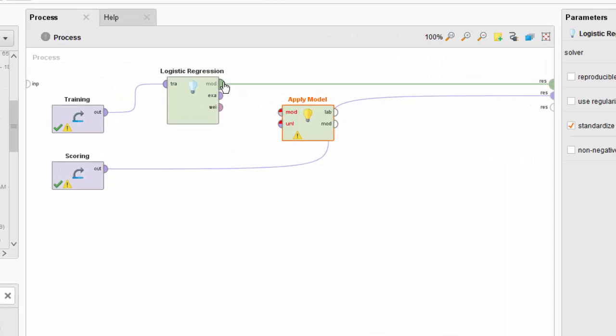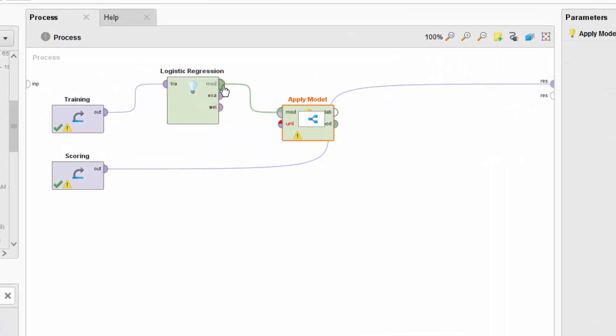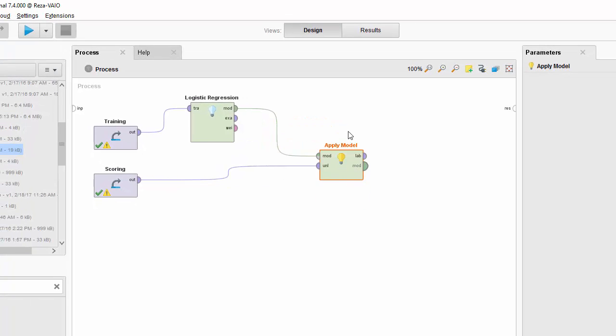Let's go ahead and use the apply model. Take the output model port from the logistic regression to the input model port of the apply model and unlabeled data. Now what this operator will do is apply this logistic regression model that is built off of our training onto our scoring data.